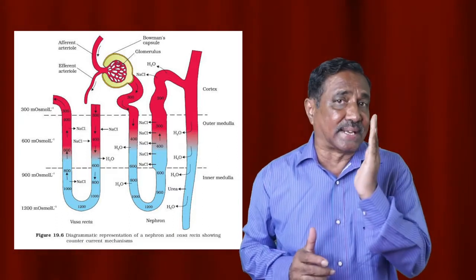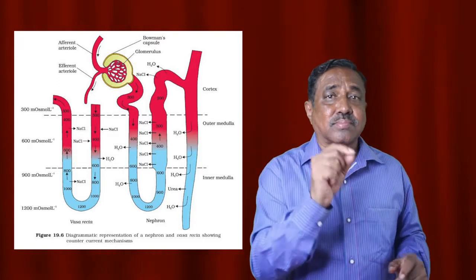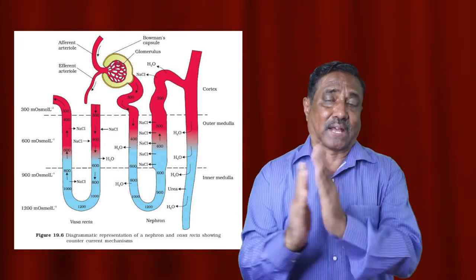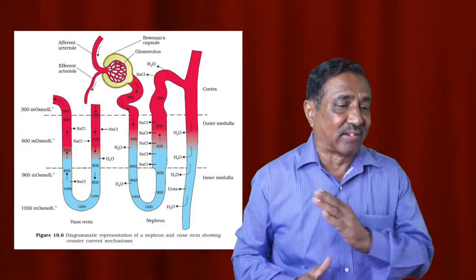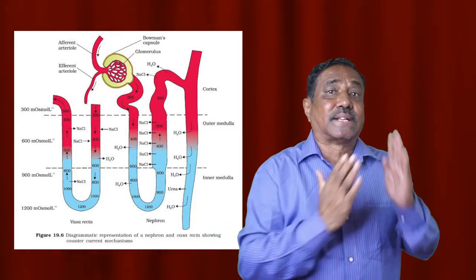At the junction of the DCT and the afferent arteriole, a sensitive part called the JGA region is formed.